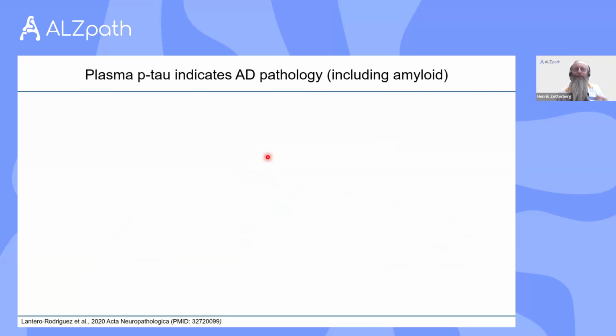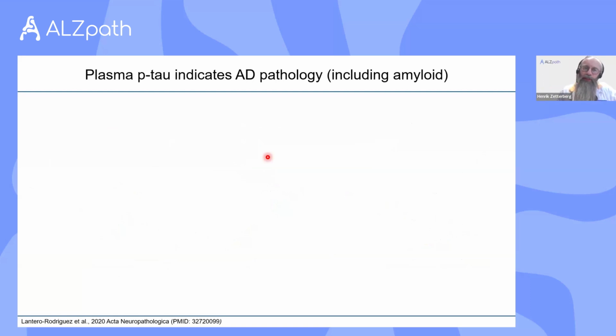But then we have the fortunate situation, which is what this webinar is about, that phosphorylated tau in biofluids reflects amyloid pathology in the brain. And the simple explanation is that when amyloid plaques form in the brain, surrounding neurons will phosphorylate and secrete tau.